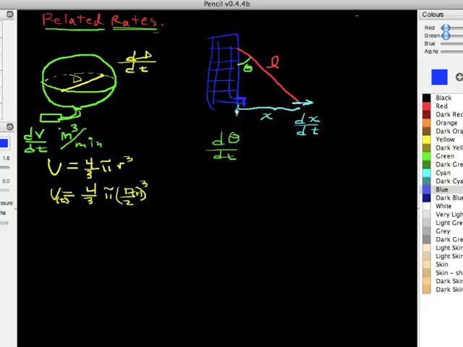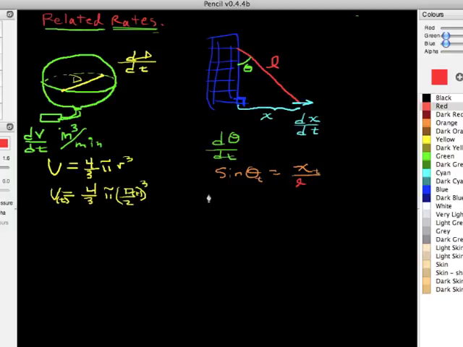You can see this. Hopefully you can see that the sine of theta, where theta is a function of time, is equal to x, which is also a function of time, over L, which is just a constant.